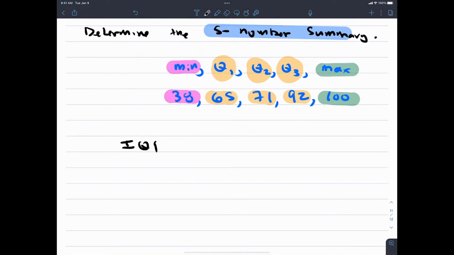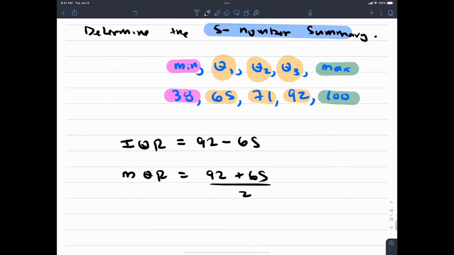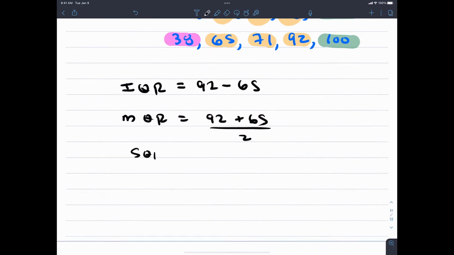What's your interquartile range? 92 minus 65. What's your mid-quartile range, ladies and gentlemen? 92 plus 65 divided by 2. What's the semi-quartile range? Well, we need to know the mid-quartile range first.